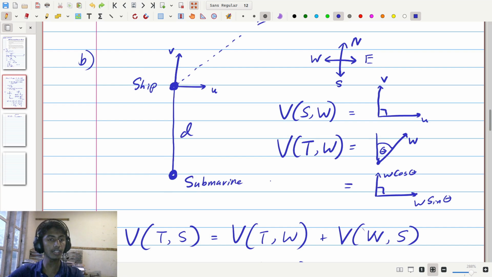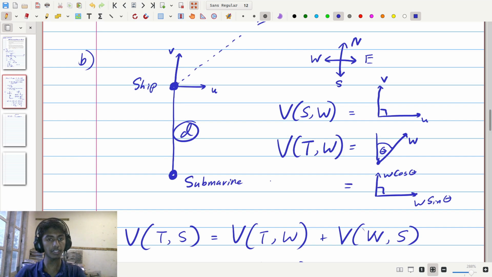The displacement of the ship relative to the submarine's torpedo at the very first instant when the torpedo is launched is equal to d, and since we want the final displacement to be 0 when they collide, the torpedo relative to the ship must move perfectly vertically upward and cover a total vertical displacement of d.